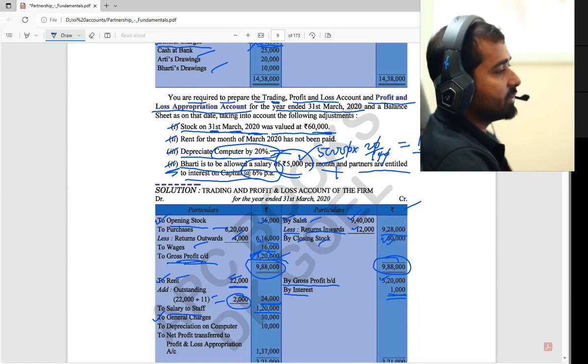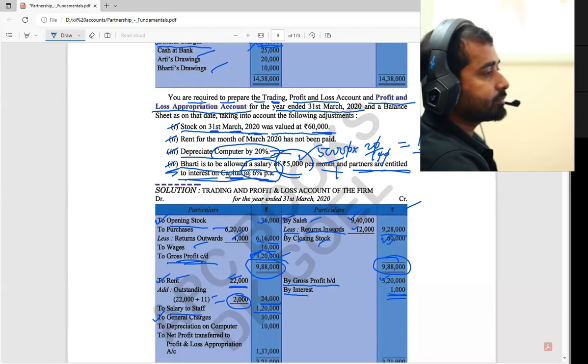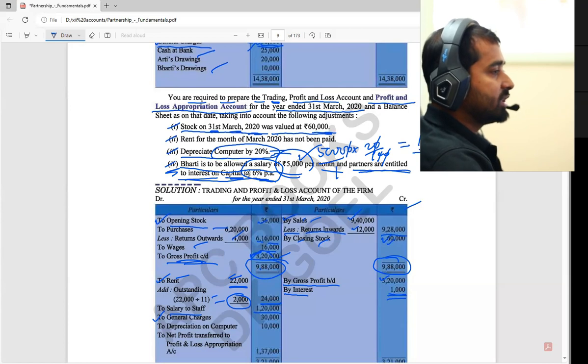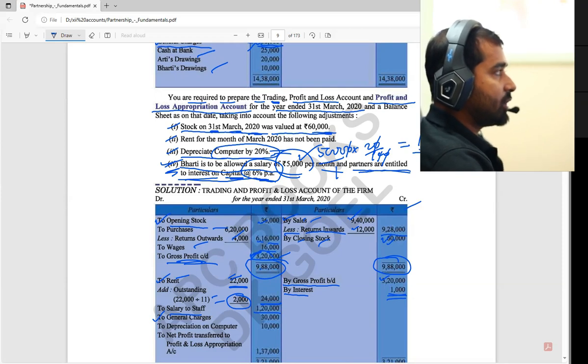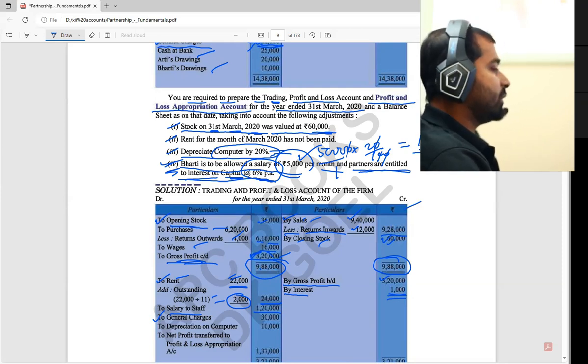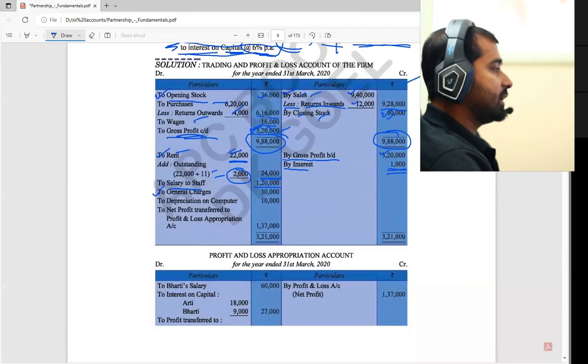Any partner-related information we have will be part of our profit and loss appropriation account. Say the partners are entitled to interest on capital, that is 6% per annum, that also we have. Correct? So these two, point number 4, are part of the profit and loss appropriation account. So first, when we are making the profit and loss account, we are going to find out the net profit.